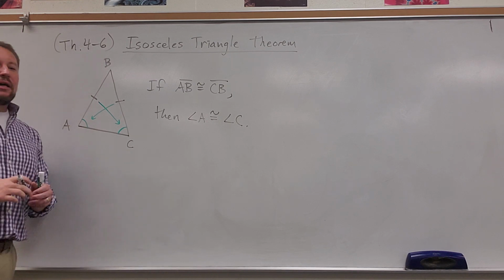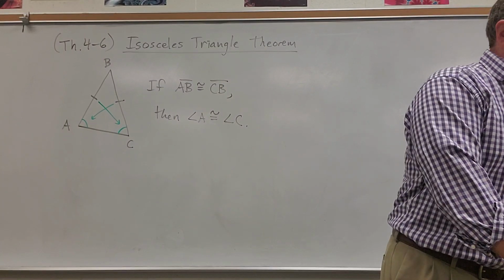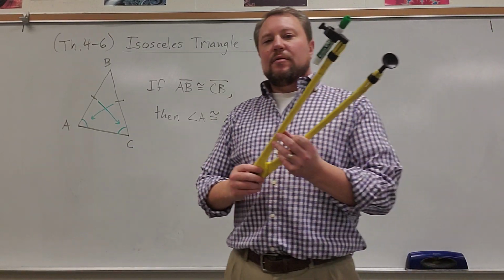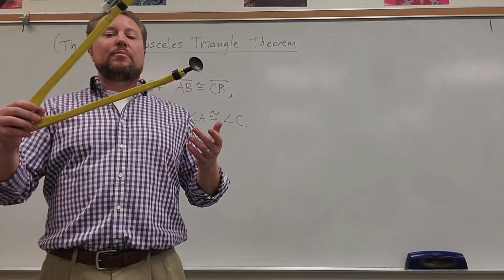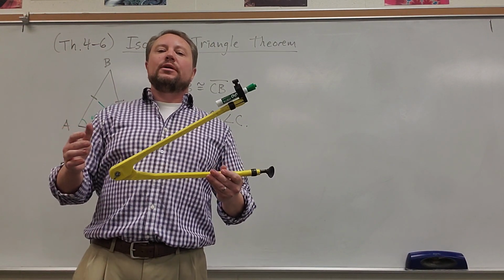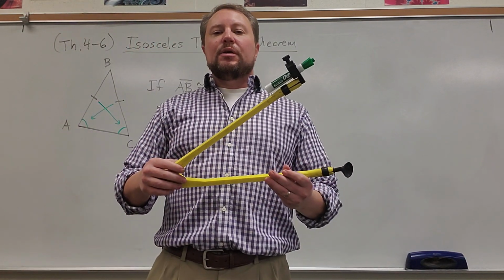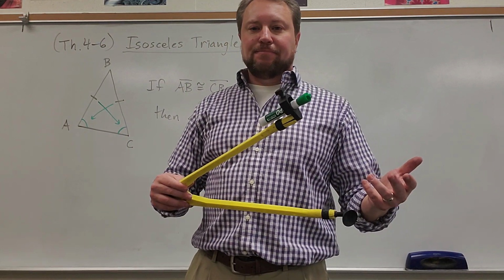Okay, the reason that works like that, I can kind of show you here using my compass. I want to show you that within a triangle, there's always a direct relationship between an angle and its opposite side.